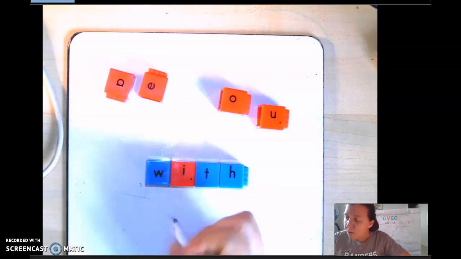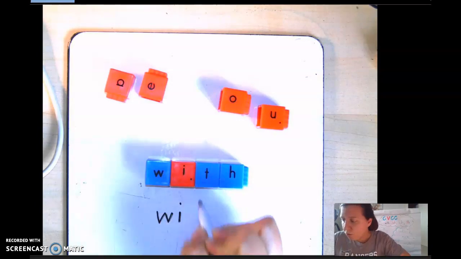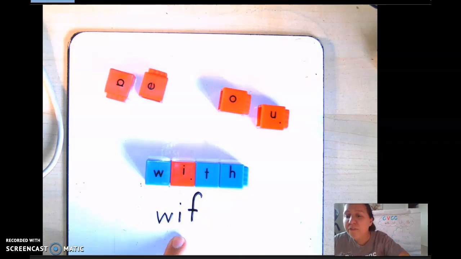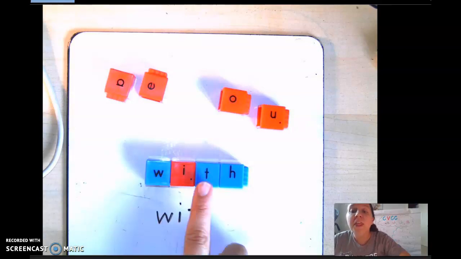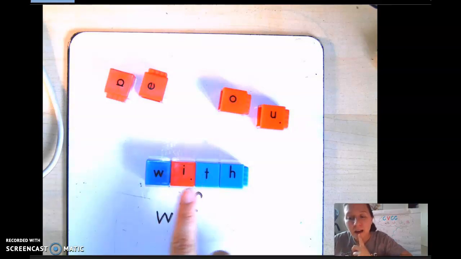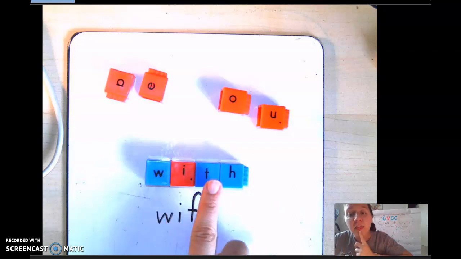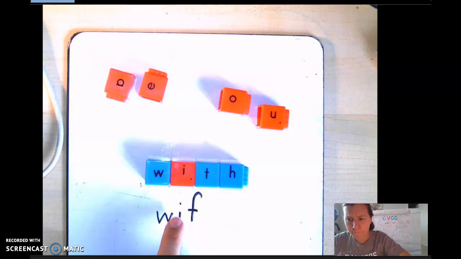So we see a lot of kindergartners write this word this way. With. I'm not going with my brother. I am going with. Look at my lips, how it's pronounced differently. With.